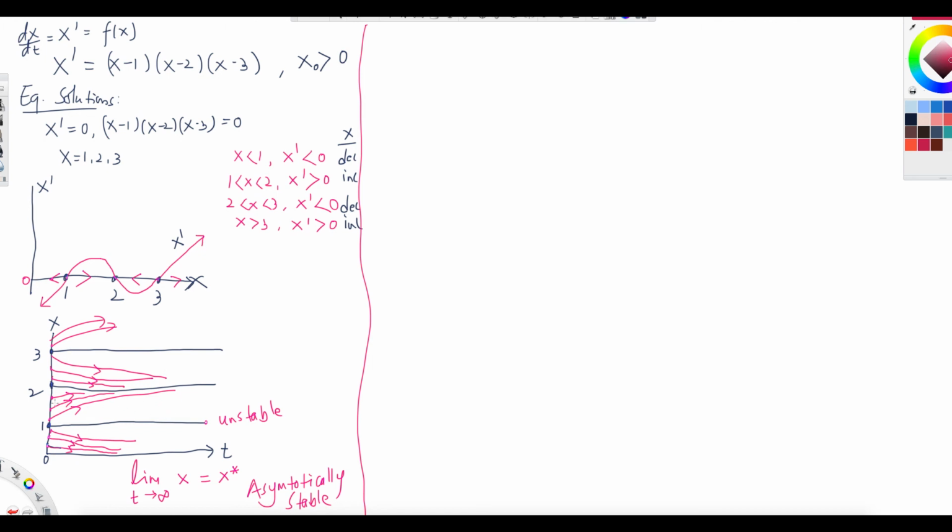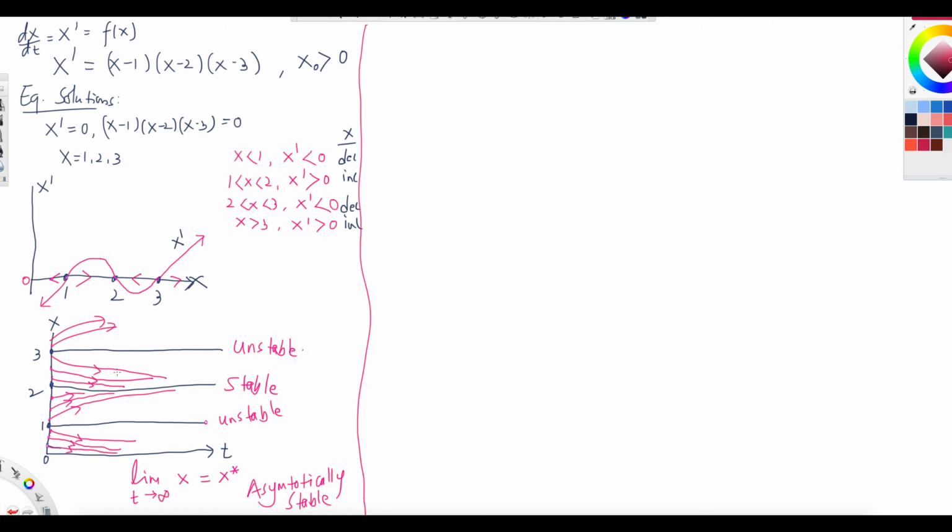But all the solutions between 1 and 3 go to this line. They are approaching this line, so it is asymptotically stable. And this one is also unstable. Okay, guys.